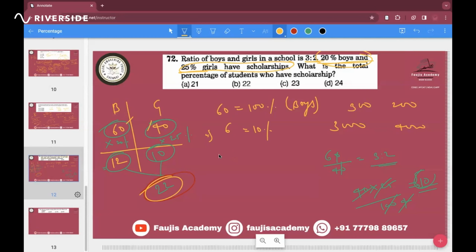Tell me what will be 1% of this? It will be 0.6. From here, what is 20% of 60? 12, sir. Any doubt? No, sir.